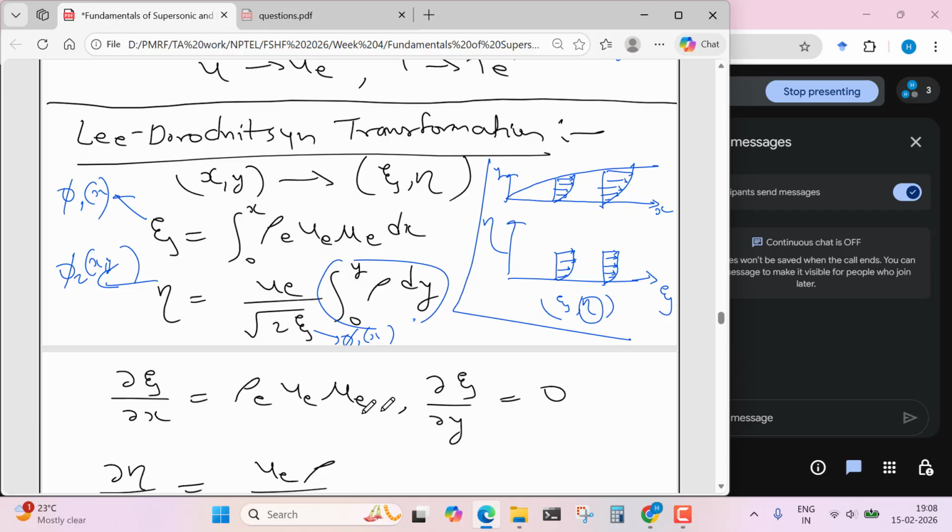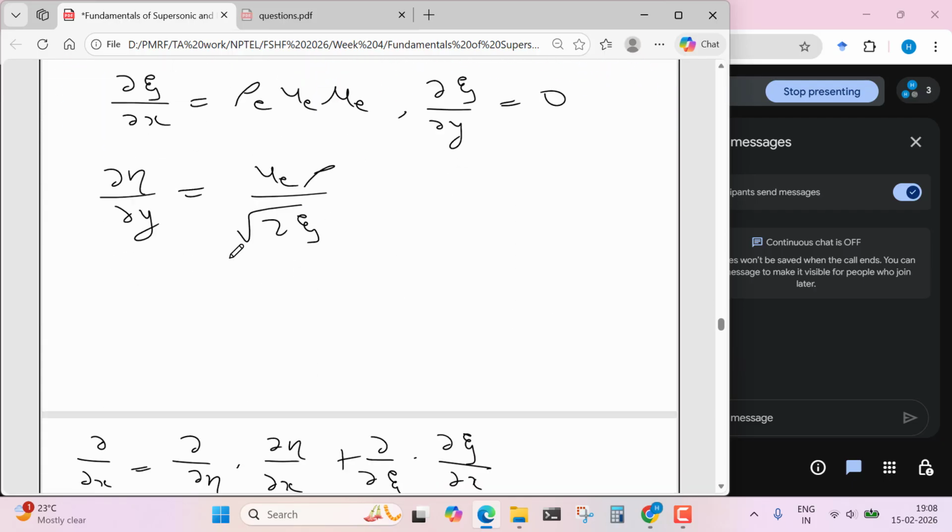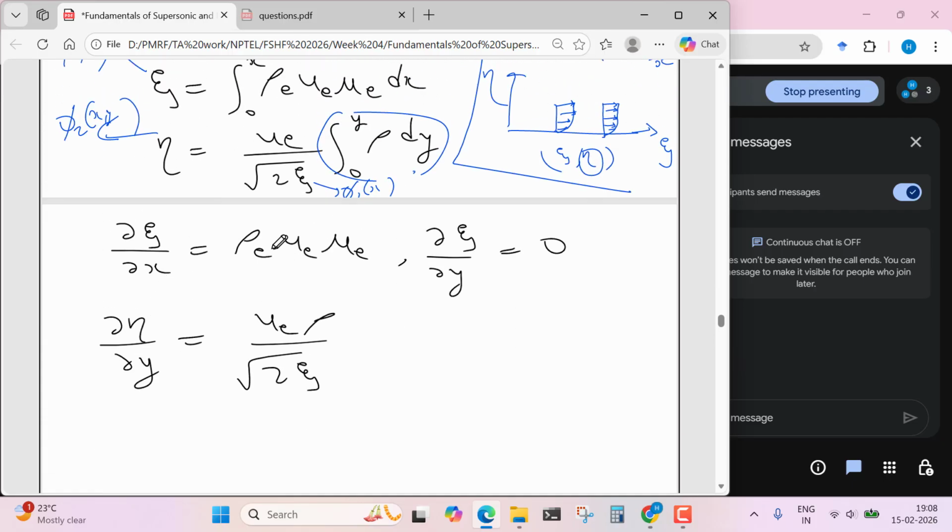This is from the Leibniz integral formula. And ∂ξ/∂y will be 0 because ξ is a function of x only. Similarly, ∂η/∂y will be equal to ue ρ upon √(2ξ).